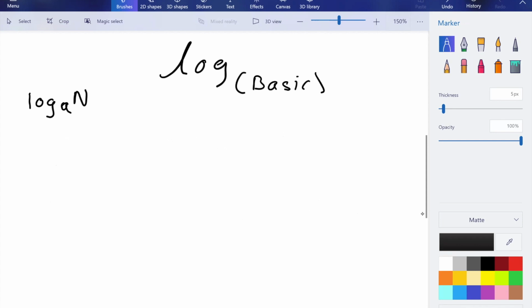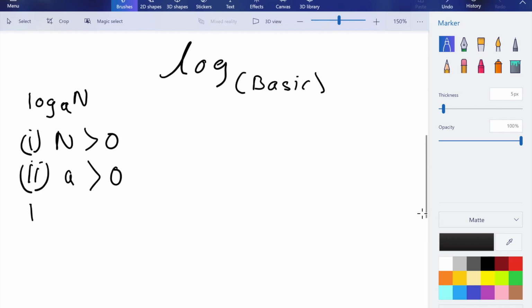The first thing, n, that is the argument in exponential form, has to be greater than 0. Second, the a, that is the base in the exponential form, has to be greater than 0. And lastly, a can never be equal to 1.